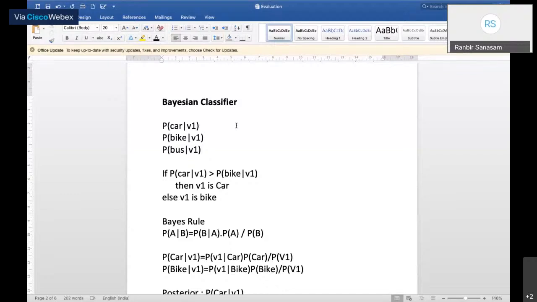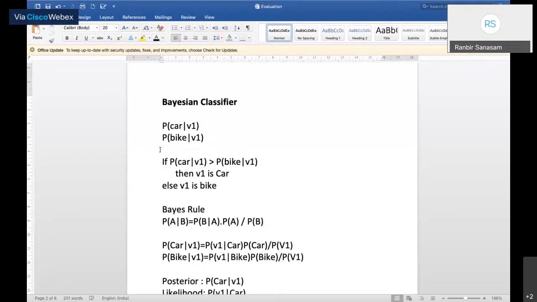In this example I have only two classes, so I'm removing bus. Our core task is to estimate the probability of these two classes given the vehicle, and see which one is larger.